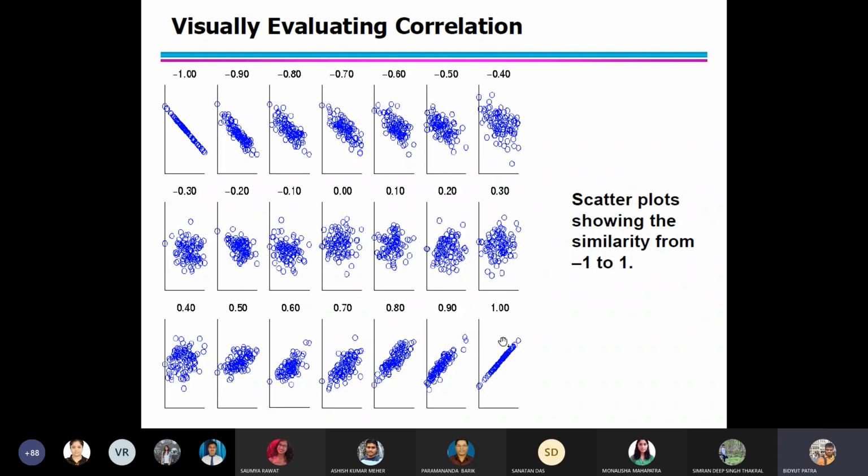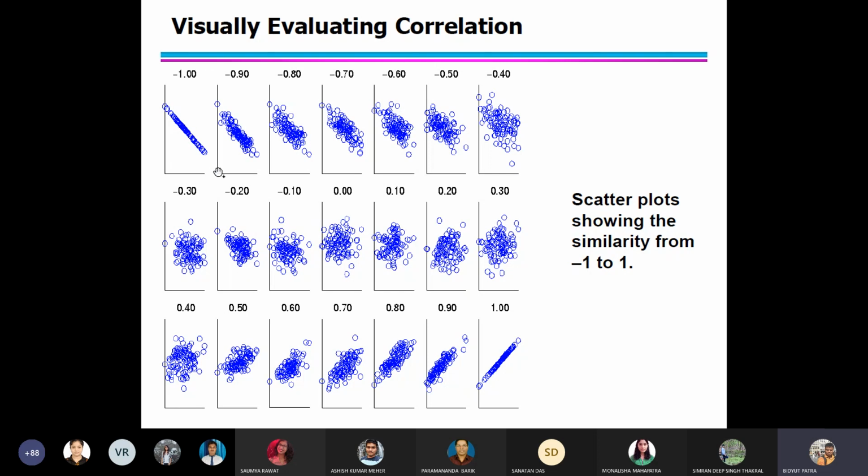And where is -1? Can you see here? Here, -1. x is increasing and y is decreasing. One value is increasing, another value is decreasing.